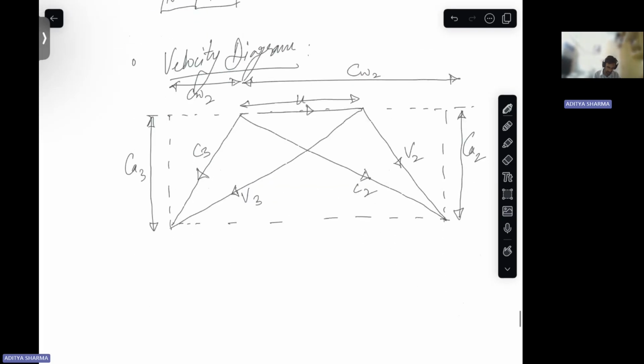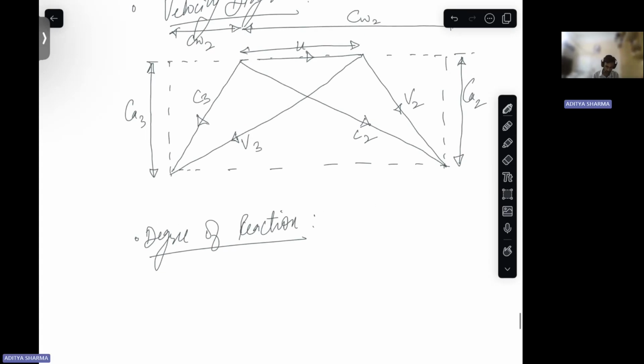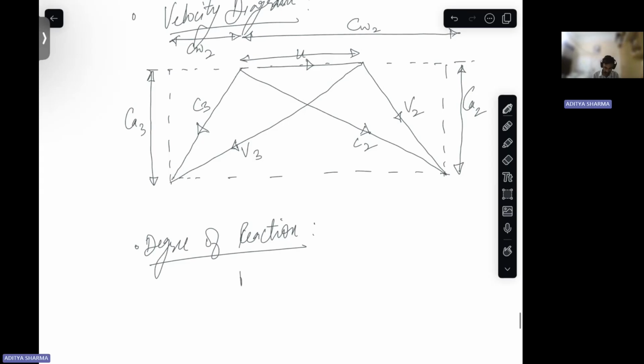Then degree of reaction. Expression for degree of reaction: across the rotor, what is the enthalpy change, and across the whole stage. For this, we have this formula: tan beta 3 minus tan beta 2.